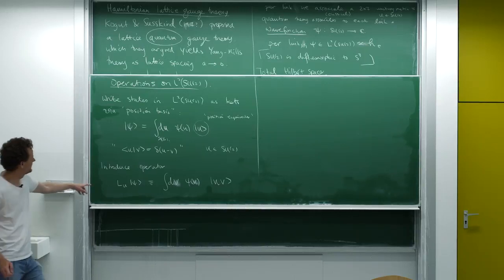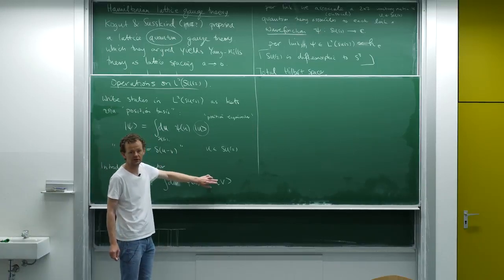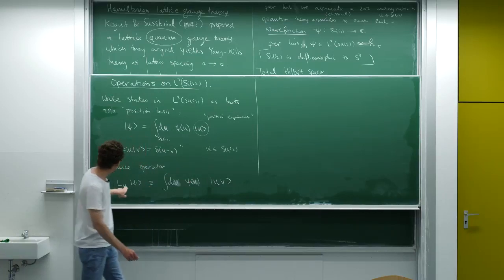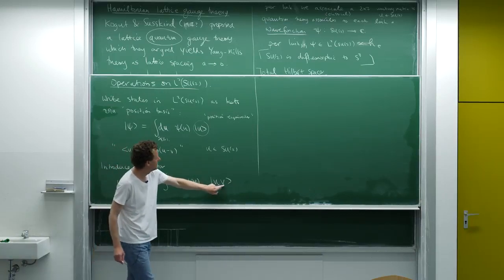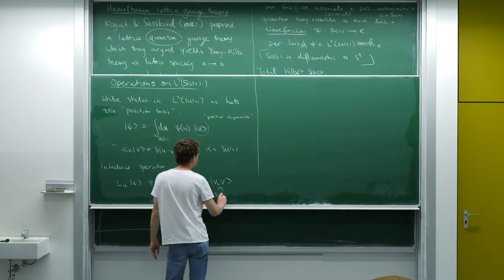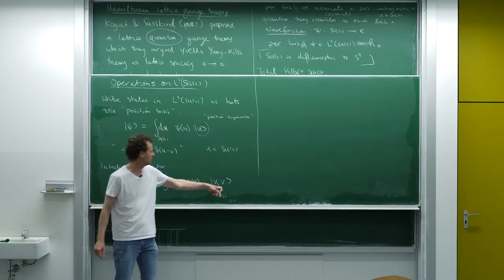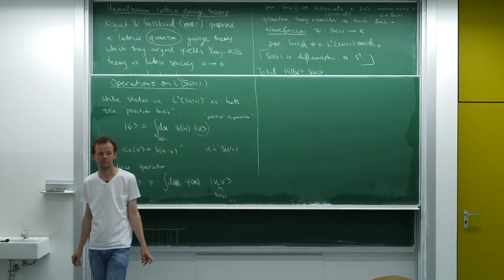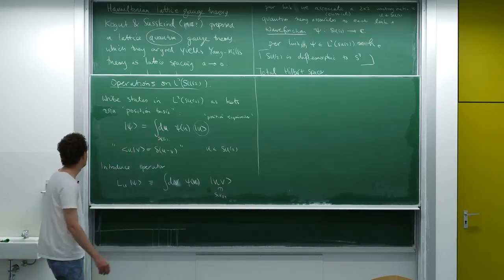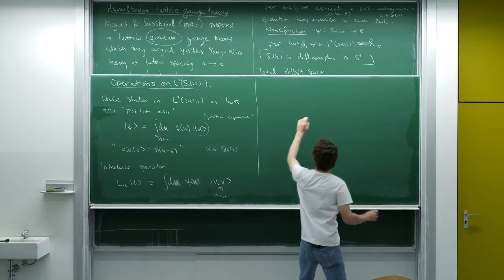I could have just defined it in terms of these position eigenkets. Left multiplied by u takes the ket v to u times v. So this is also an element of SU2, right? If you take two by two unitary matrices and multiply them, you get another 2 by 2 unitary matrix. And so this is actually the analog of just shifting in the real space Schrödinger picture.